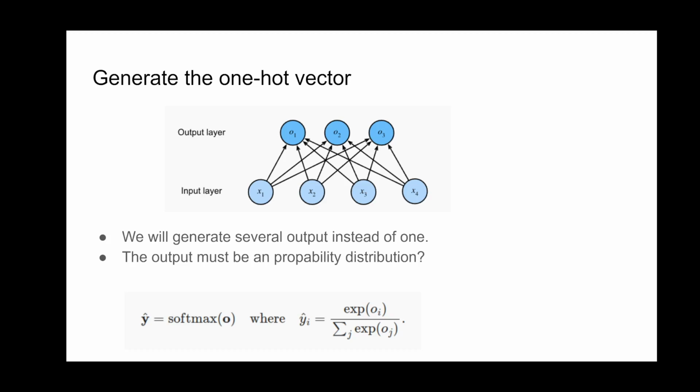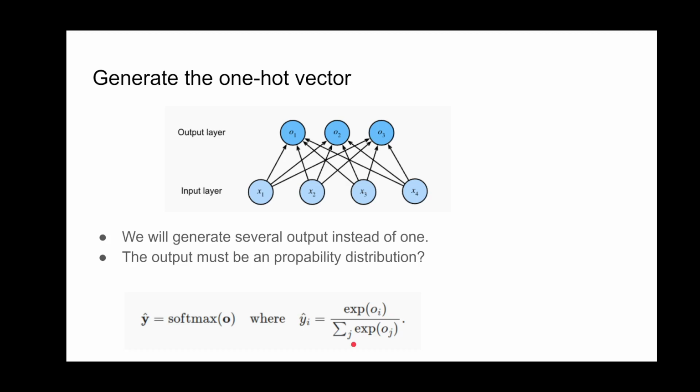Typically, we will add a softmax layer after the output layer and force the output values to be a probability distribution. It means that the summation of all the values is 1.